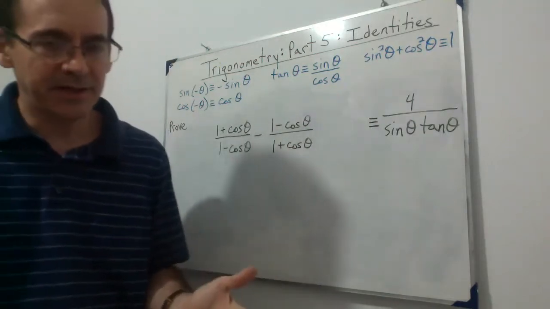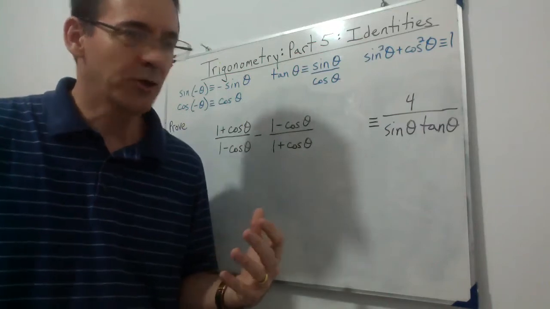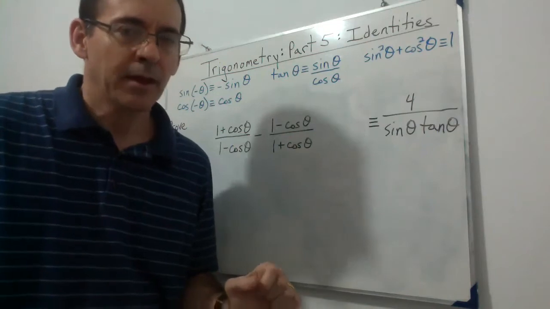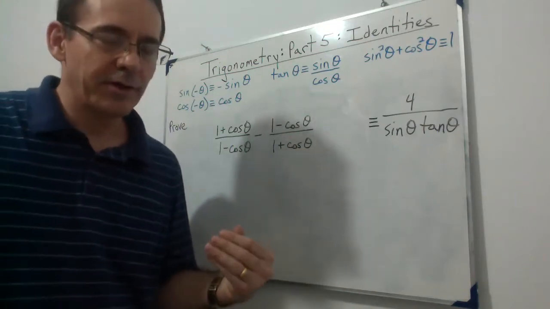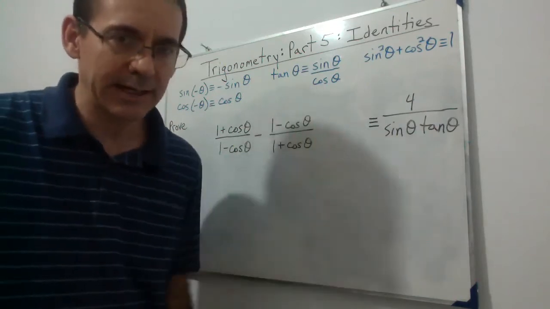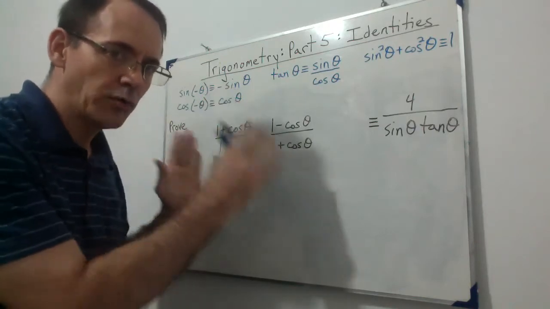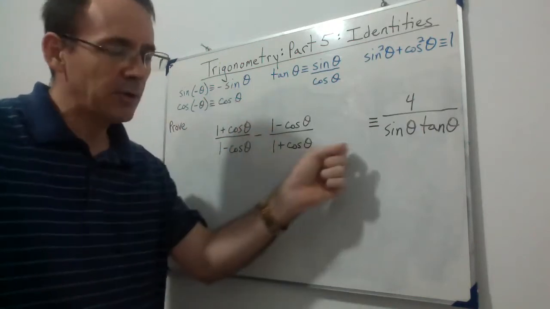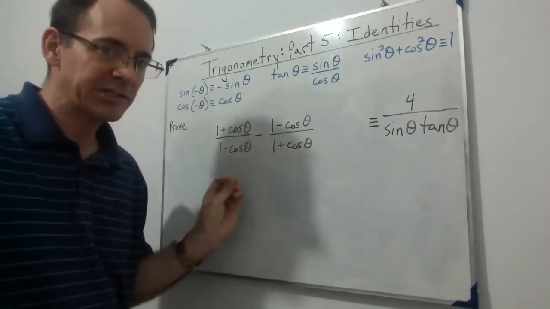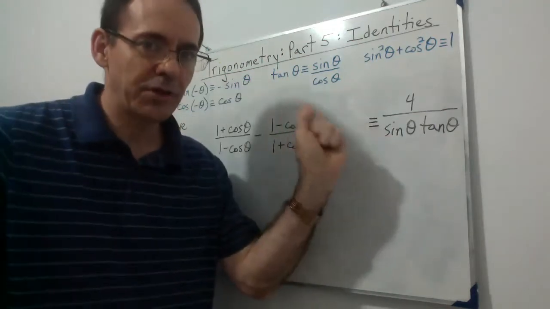It kind of depends on curriculum and teachers as to how much they allow you to use the right-hand side. Actually, the goal is not to manipulate the right-hand side. You want to take the left and only work with the left. So you're not working with it as an equation. You're working with it as an expression, and you're going to change this expression into that expression.